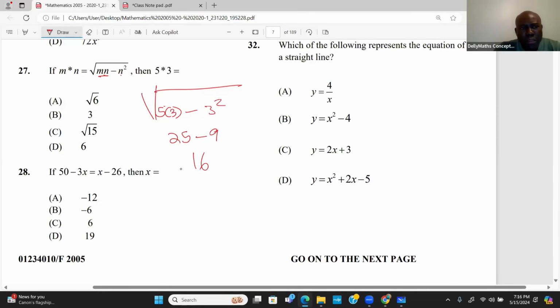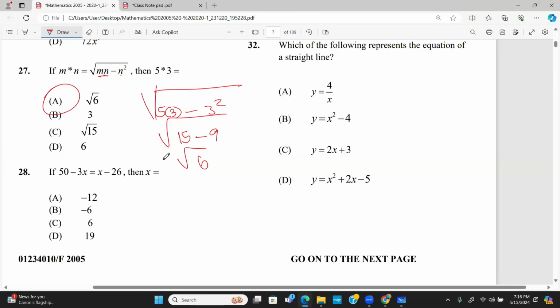Hold on. Oh, 15. I said 25. Hold on. 15. So this is square root of 6. Okay. Are we good? Okay. Yes, sir.